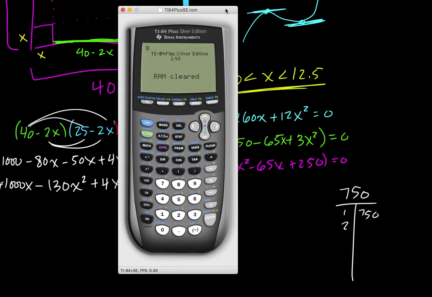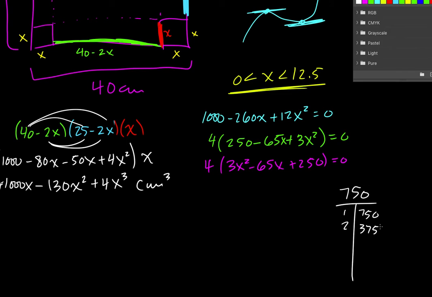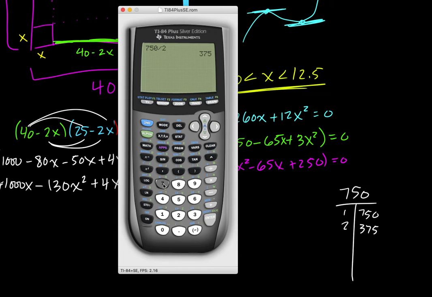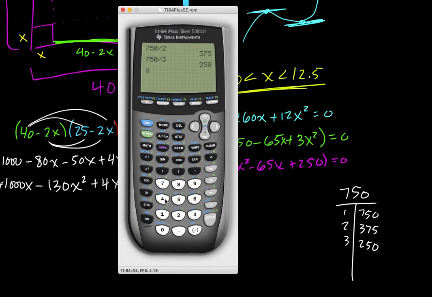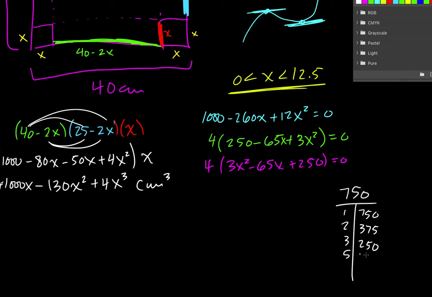There we go. Okay, so 750 divided by 2, we got 375. 750 divided by 3 is 250. 750 divided by 4 doesn't work. 750 divided by 5 is 150.